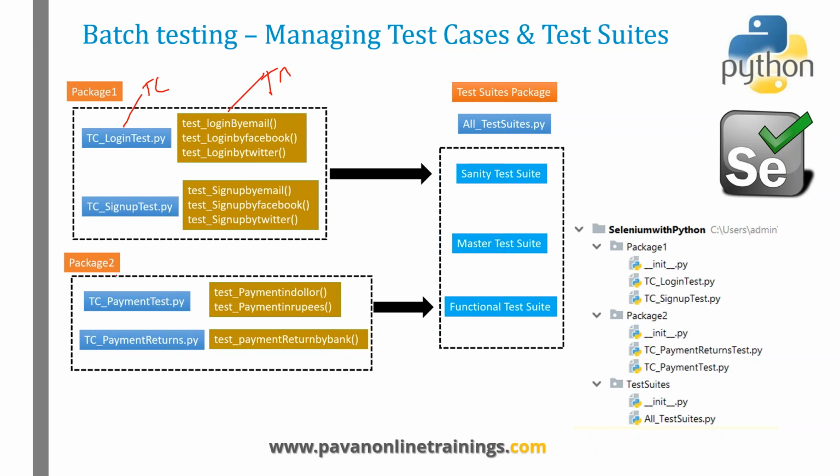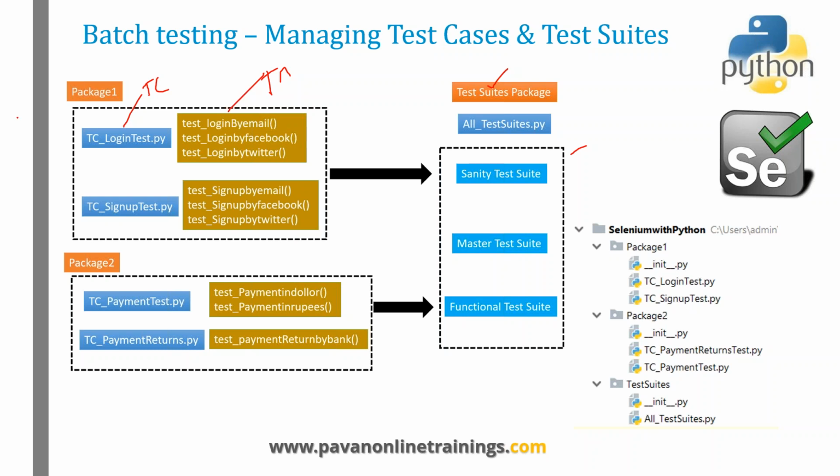Now, along with these two packages, I will create one more package called test suites package, and inside this, I will create an all testsuite.py Python file, and here I will execute whatever test cases I require as a suite. I will create multiple suites here, like sanity test suite, master test suite, and functional test suite. Here we have to use a different module from unittest, that is the loader.